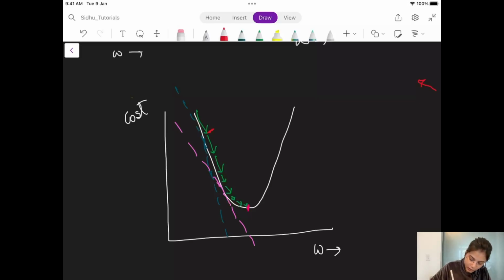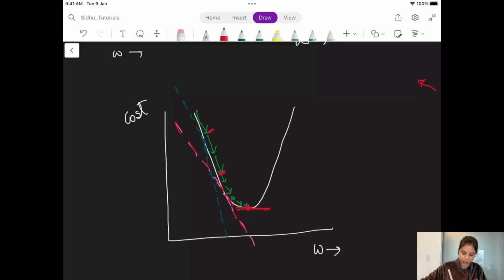Once it reaches this point, you can see from the diagram that the slope is getting a little flatter. That means the slope is getting reduced, and I have to keep reducing my slope till it reaches a minimum point where the value of the slope is 0.